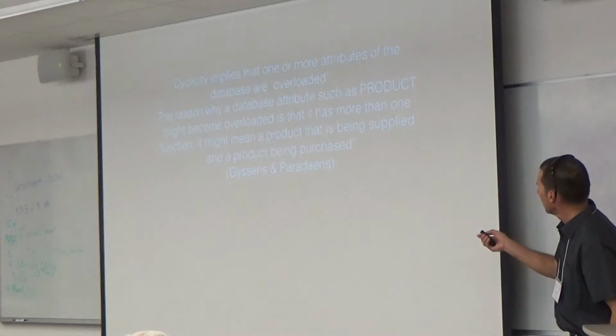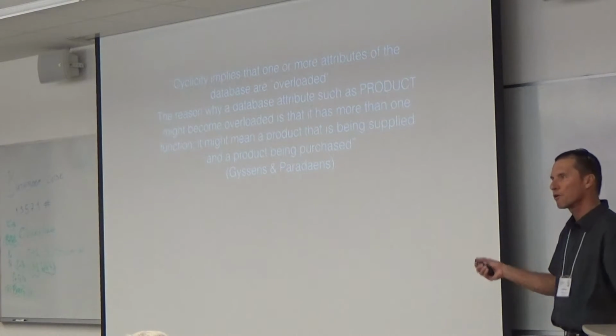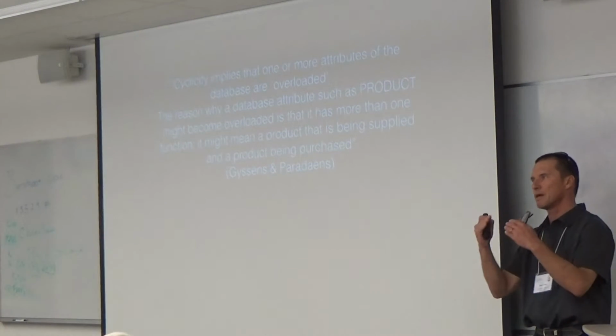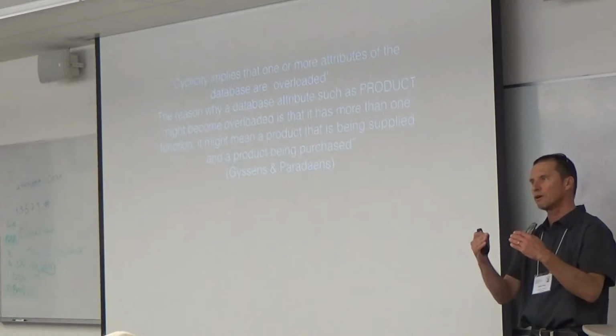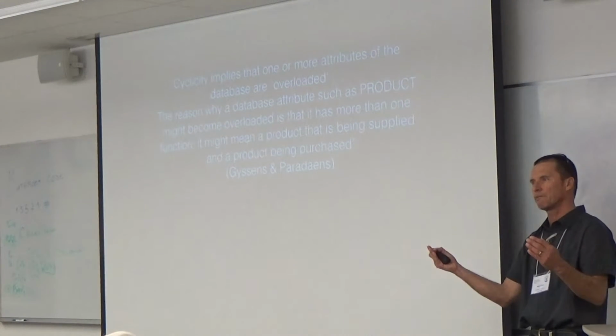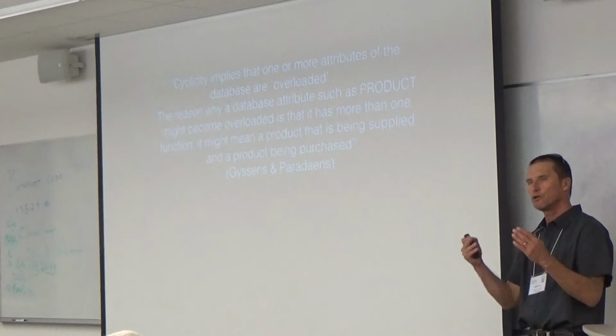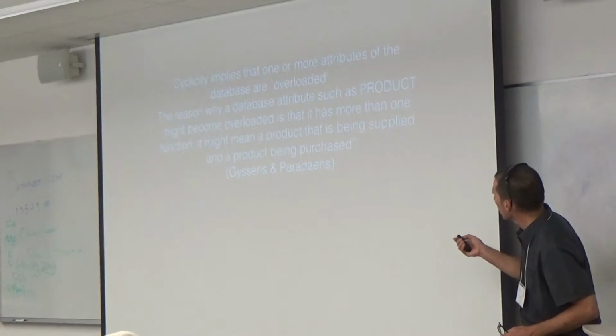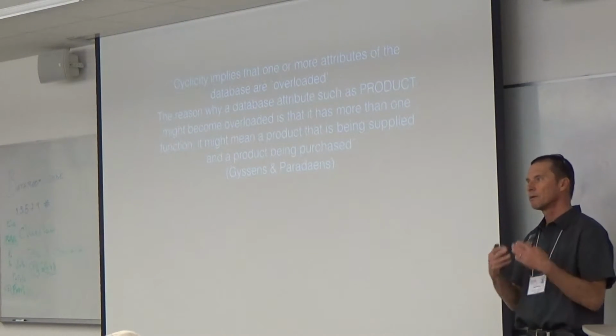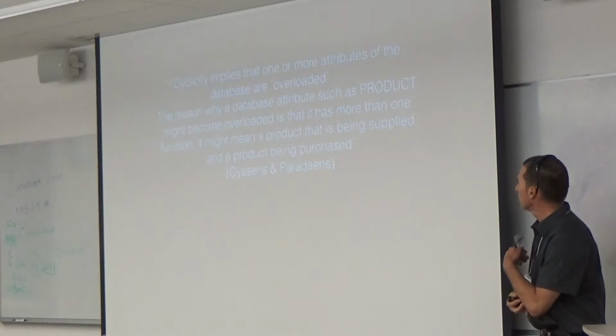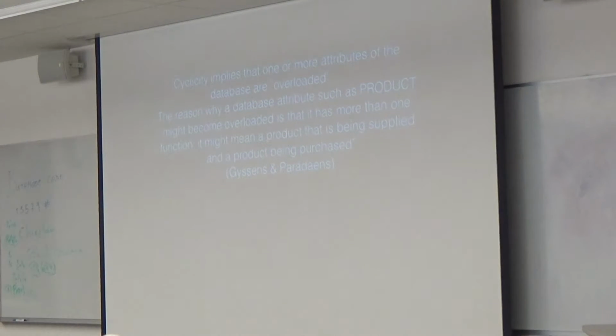So by nominating the different contexts, it suggests that if you come up with an alternative model, you should split the variable product into two names, one product being supplied, another product being purchased. And that would correspond to the first principle of CBD that we saw earlier.